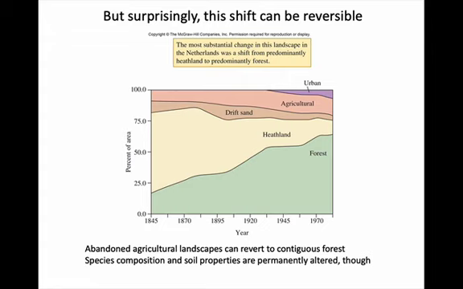They differ in species composition and soil fertility from forest areas that were untouched by the Roman settlement 2,000 years ago. So we can recover a lot of things that we change. Some things are going to be permanent.